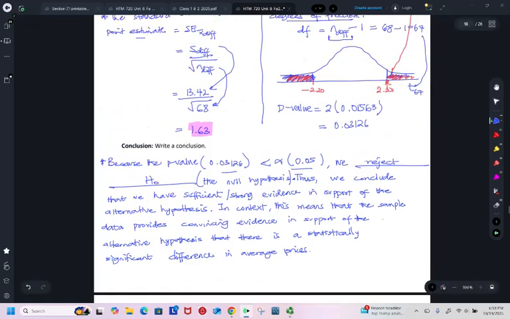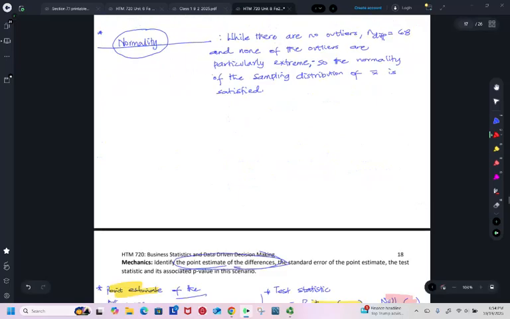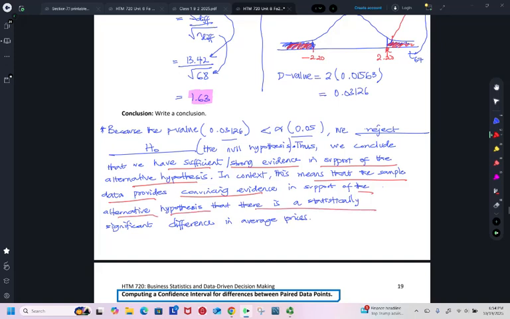It means we are rejecting the null hypothesis in favor of the alternative, which means that there is a difference in average textbook prices across platforms. In other words, we conclude that we have sufficient or strong evidence in support of the alternative, which means that the sample data provides convincing evidence in support of the alternative hypothesis that there is a statistically significant difference in average prices.